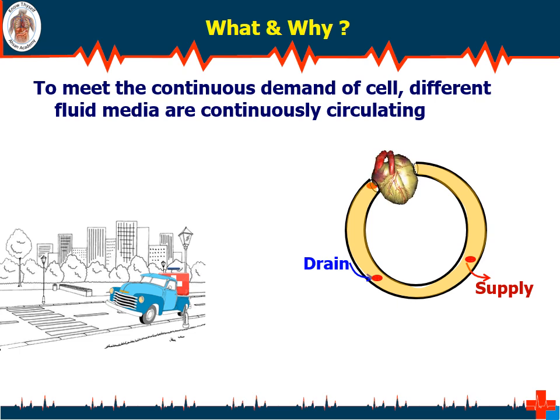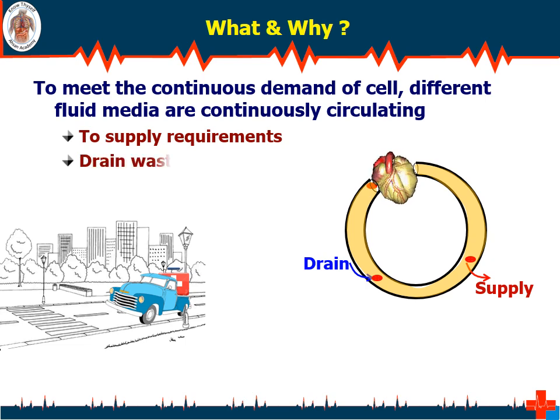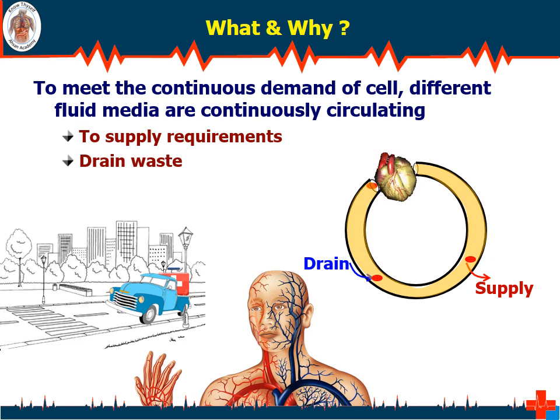Every time, this circulation is to meet the demand of the cell, and different fluid media are continuously circulating to carry the substances to the cell. So this circulation is to supply the required substance to a particular place and drain the waste substance from that place to a site where it will be separated from the transport media and eliminated from the body. This is the central theme or central requirement of circulation.